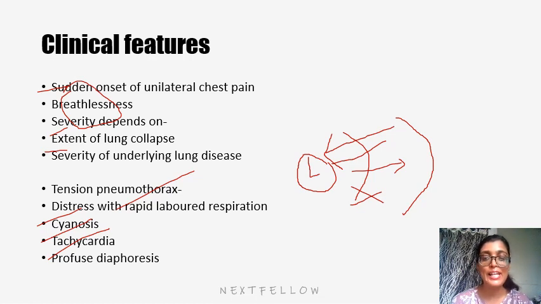Now when air is present in the pleural cavity and it starts compressing the lung, the pressure in the pleural cavity will be positive. Now this positive pressure, one important factor, will compromise the venous return, right?